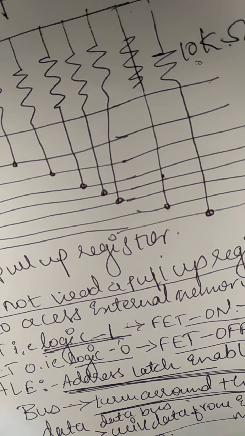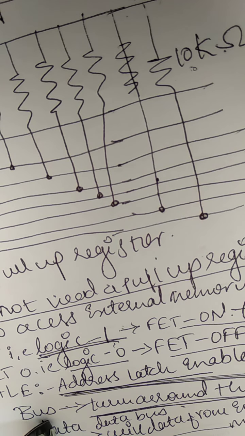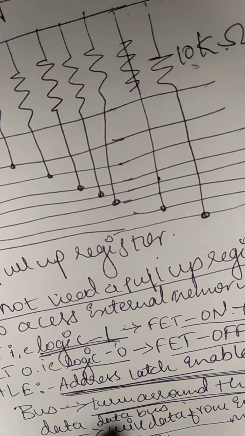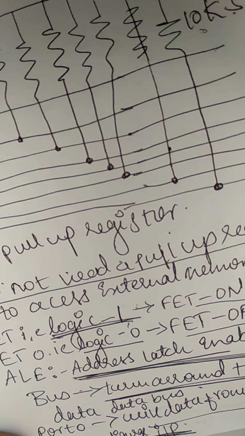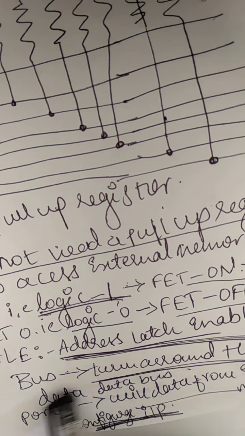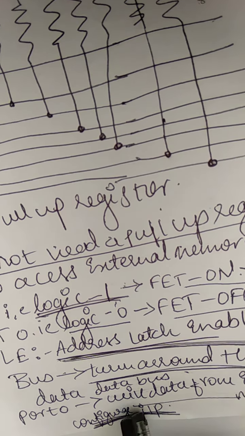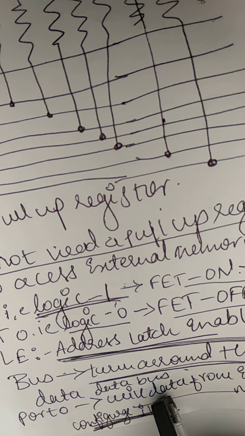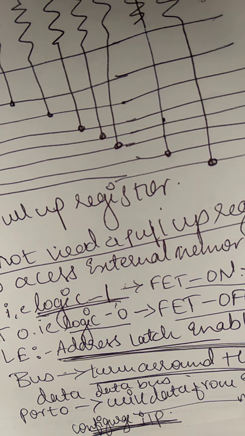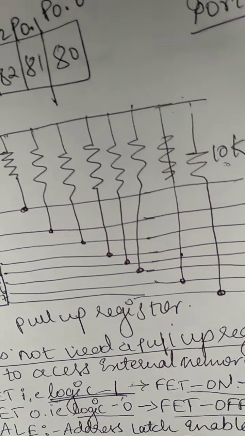Whatever address we are giving to the bus, at that time the bus will turn into a data bus. Next, it will read the memory from the data bus. When it is configured as an input, it will start reading the memory from the external memory.